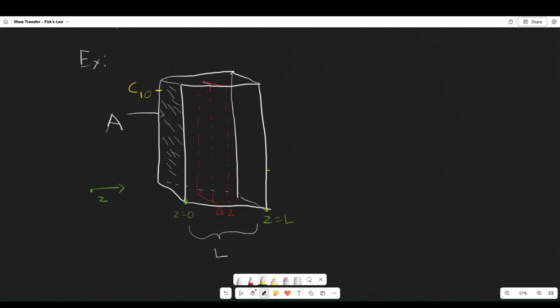And on z equals L, we have a specific concentration, which we'll call C1L. And we're going to assume that it's a well-mixed solution on both sides. You might ask, what does well-mixed mean? Well-mixed basically means that there's not going to be any concentration gradient that would cause flow on this side or on this side. The only flow would be going through this film from C1 naught to C1L.